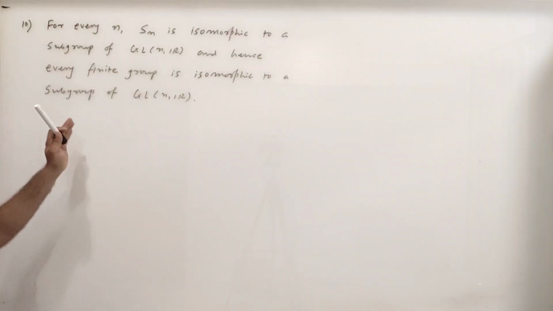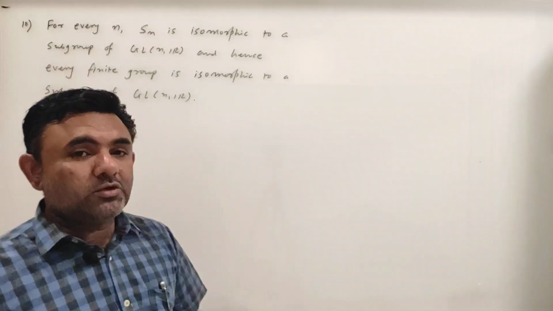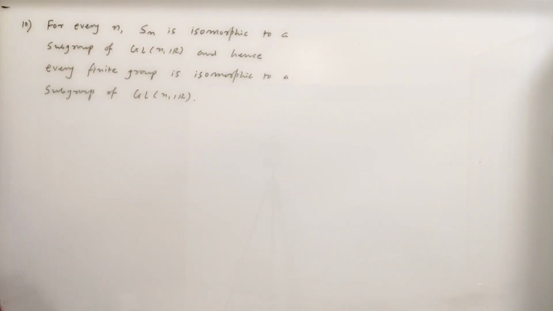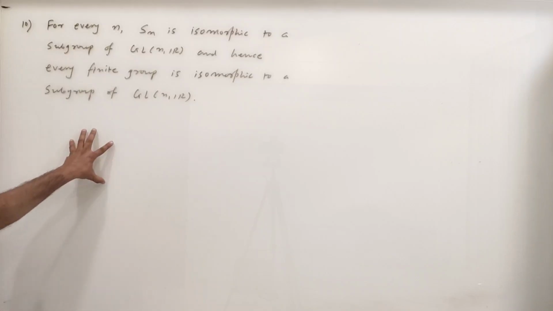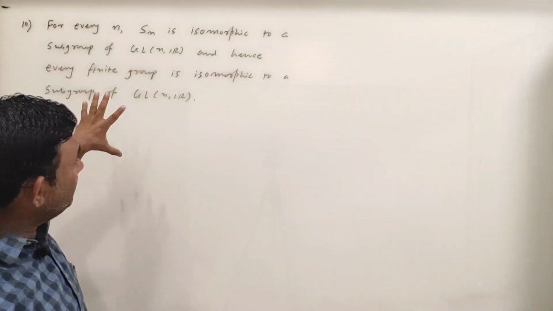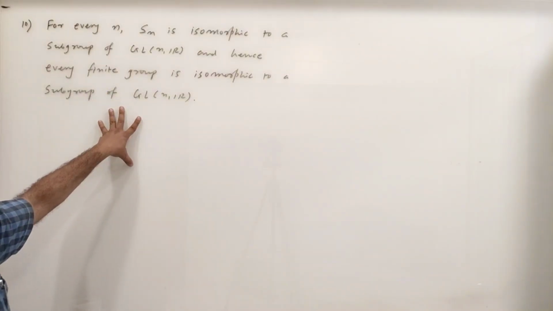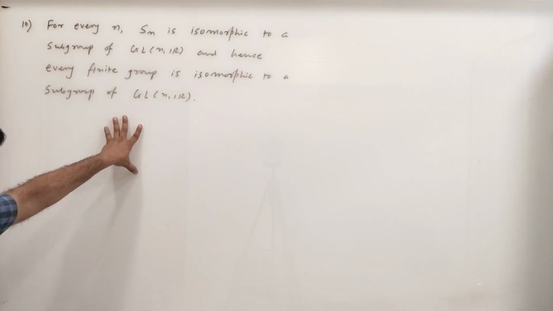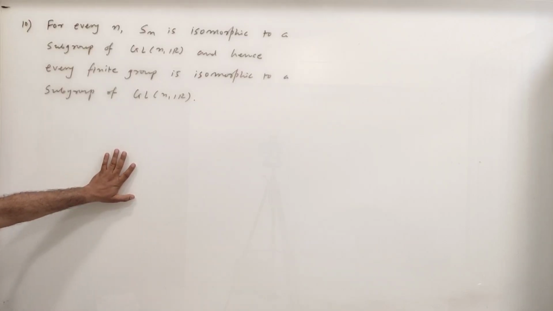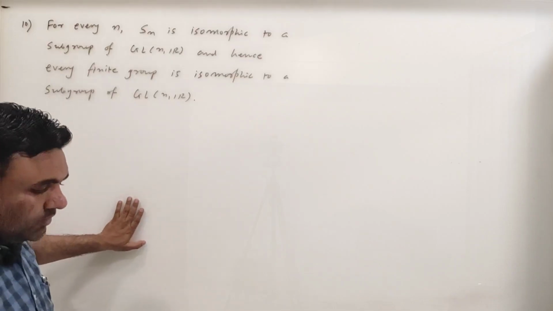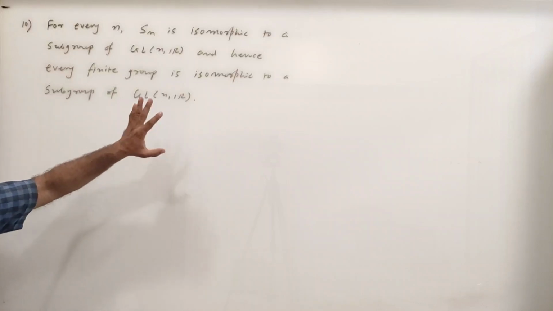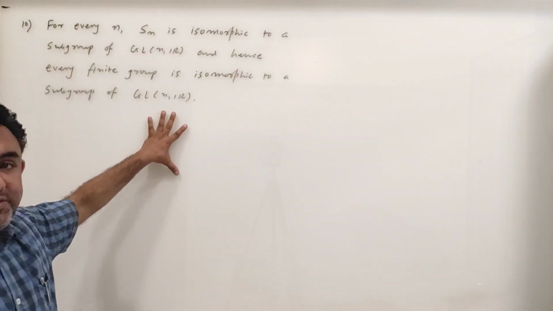Again, this is just by application of the first homomorphism theorem, or you may say it is just based on isomorphism. Sorry, I think it is not by the first homomorphism theorem. It is just an application of Cayley's theorem. But anyway, we have a nice result.